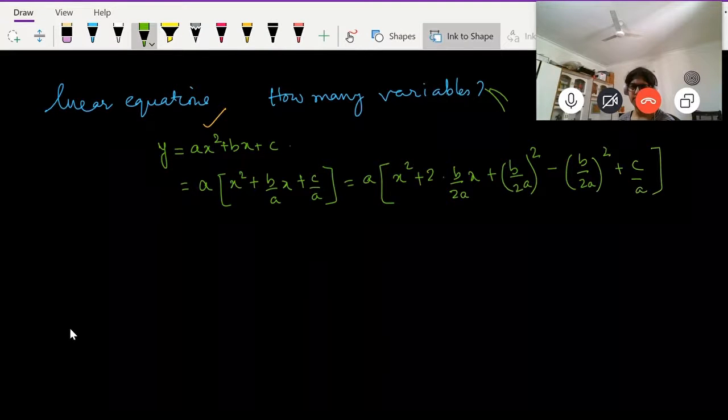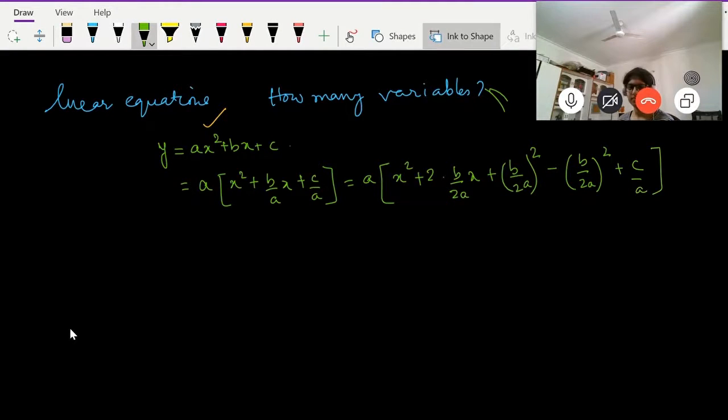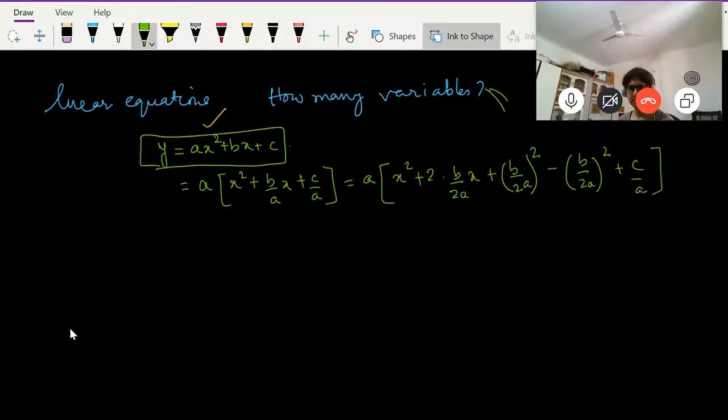Why did I do this? See, I am trying to find out the logic of whether this equation will have real roots, right?